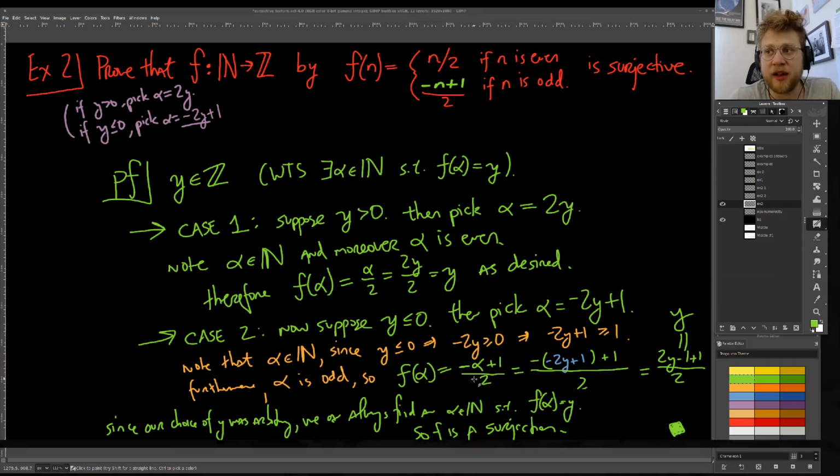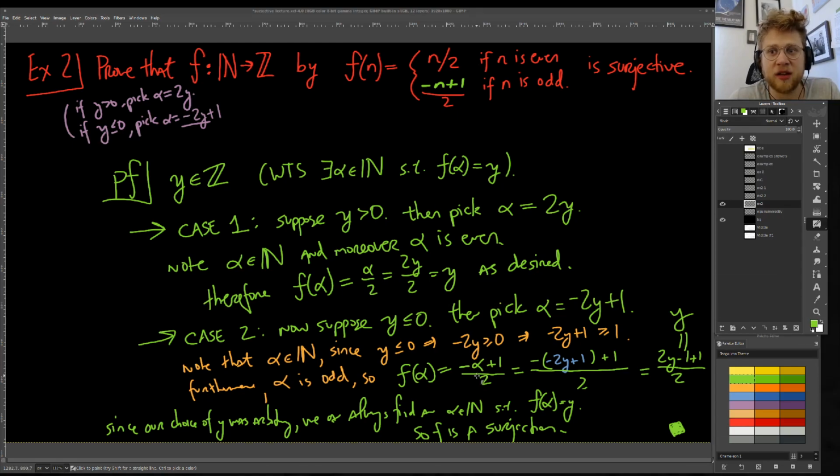It's a lot clearer. If you're trying to figure out what your alpha is in the middle of the proof and you keep that work in, it really muddies the waters of what depends on what. So if you just say, okay, start with this y, now pick this specific alpha, and then show that it works, that's a much more effective proof. It's much clearer, and I think that you'll be a stronger proof writer for it.